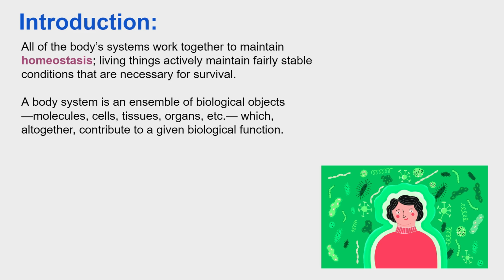And so just to be clear about what we mean when I say a body system, you might have heard of your digestive system or your urinary system or your reproductive system, etc. But really all of those things are just an ensemble of different biological objects. And so these are molecules. They can be just a single molecule, or they can be made up as different cells.